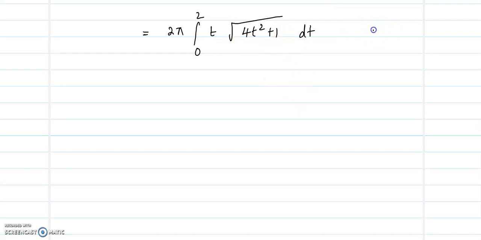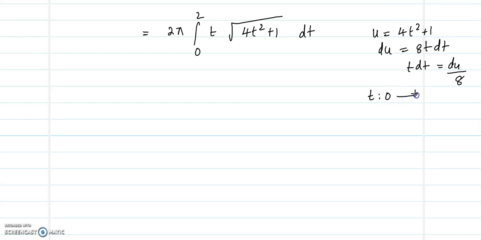Now for evaluating the integral, we'll use the substitution u equal to 4t² plus 1. So du will be 8t dt. So we can write t dt as du/8, and t varies from 0 to 2. When t is 0, u will be 1, and when t is 2, u will be 17.